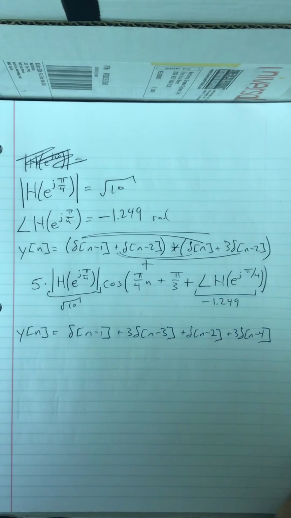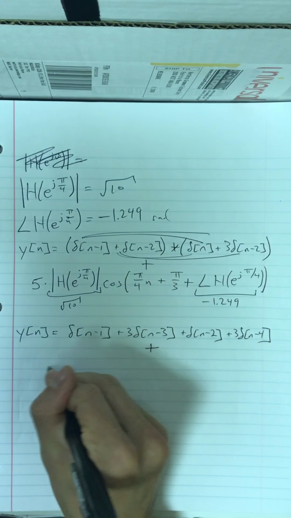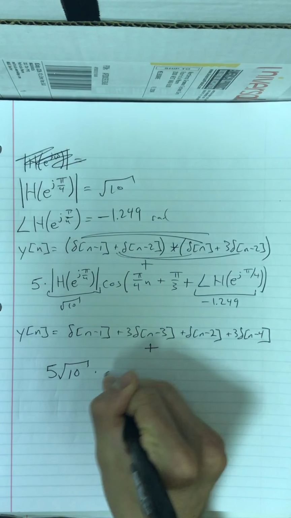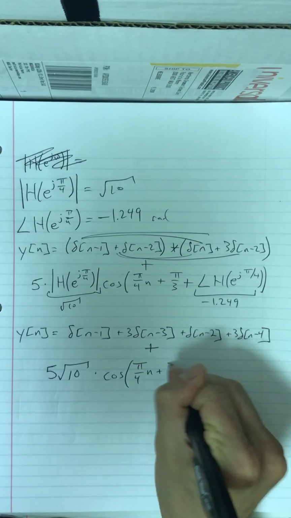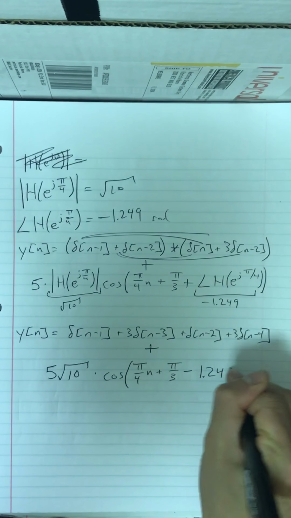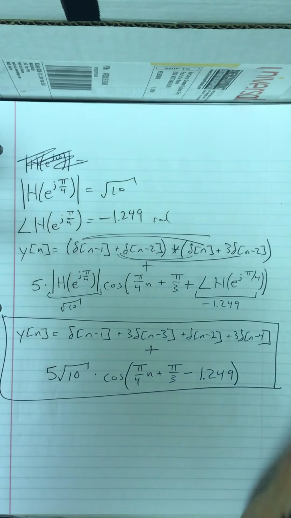All right. Don't forget about the sinusoidal output. It's going to be 5 square root of 10 times cosine, minus 1.249. Okay. There's your answer.